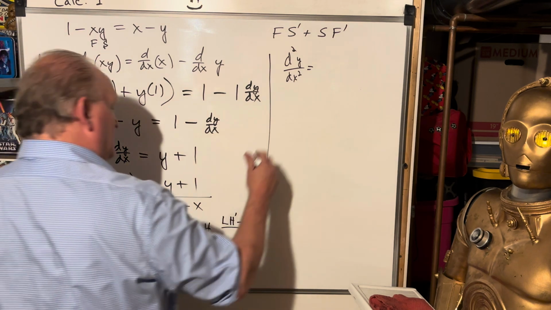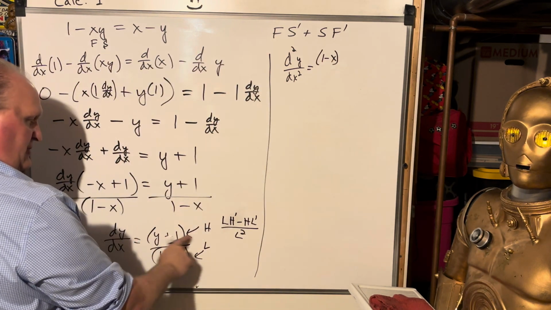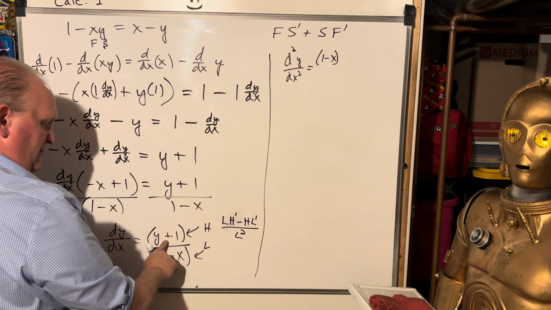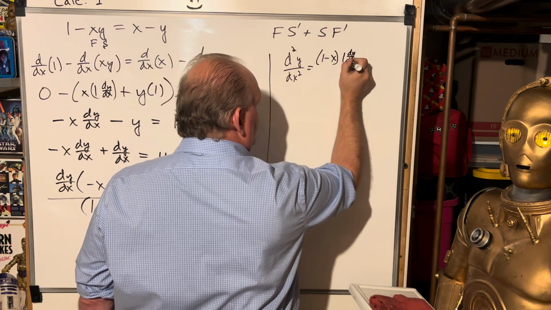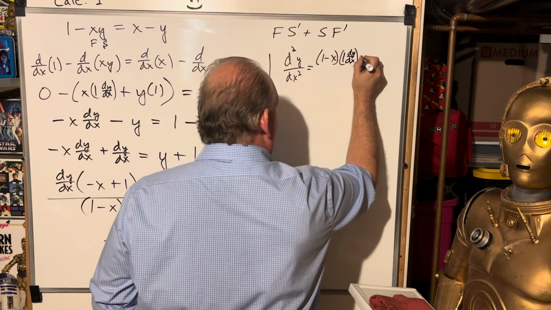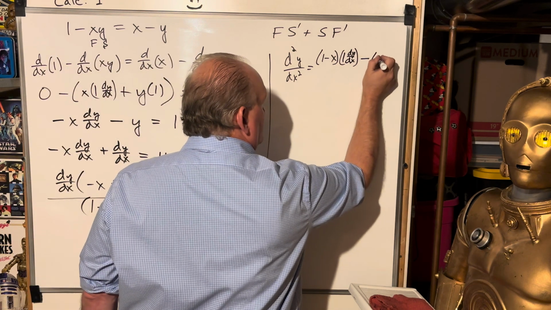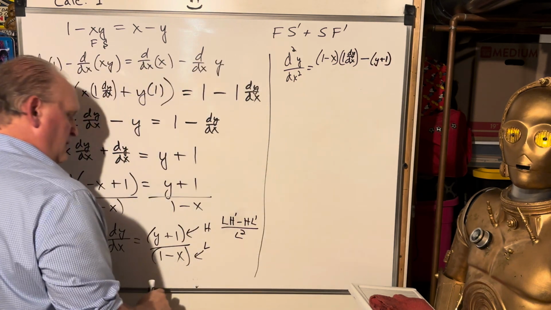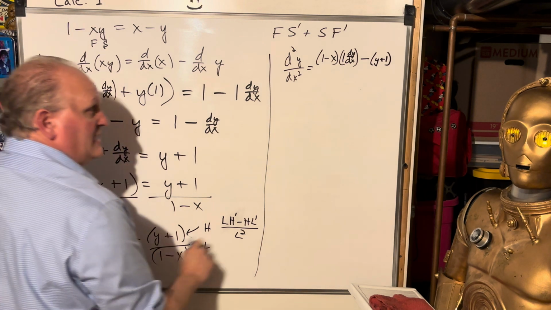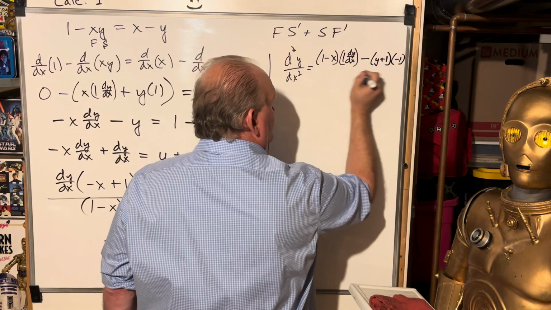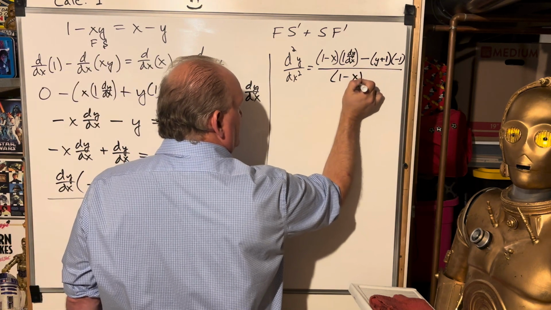So low, 1 minus x times the derivative of high, which is 1 dy/dx, minus high, which is y plus 1, times derivative of low, which is negative 1, over 1 minus x squared.